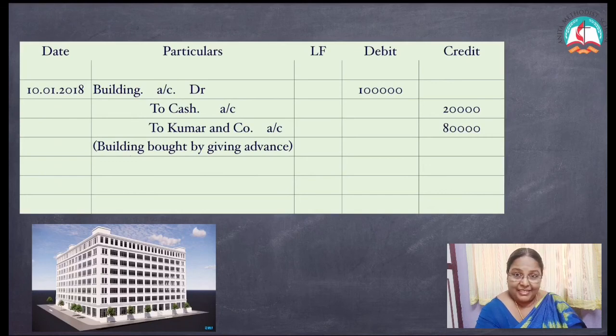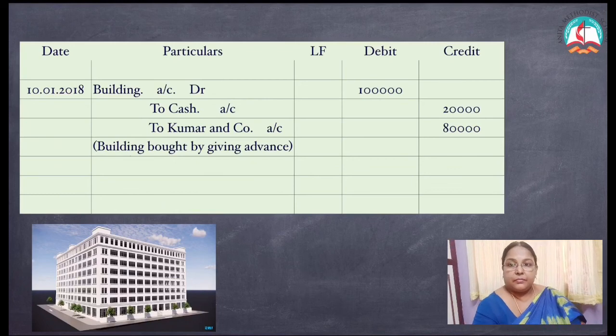Building purchased and cash has been given as advance. That is the entry. Right? We will see how it is. Building purchased from Kumar and Co for 1 lakh and advance of rupees 20,000 is given as cash.